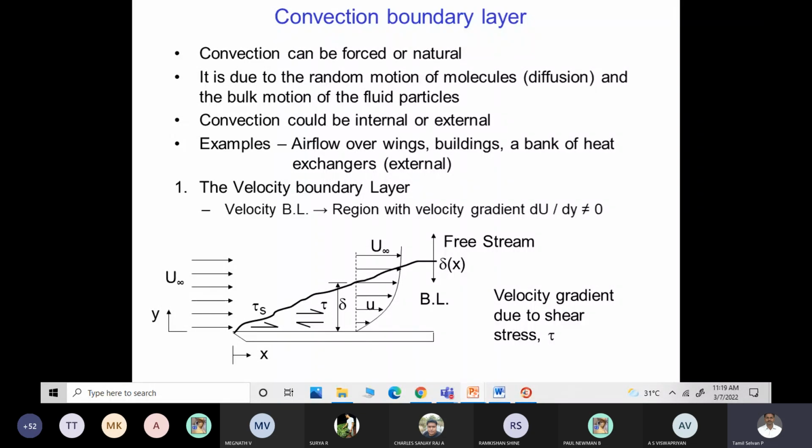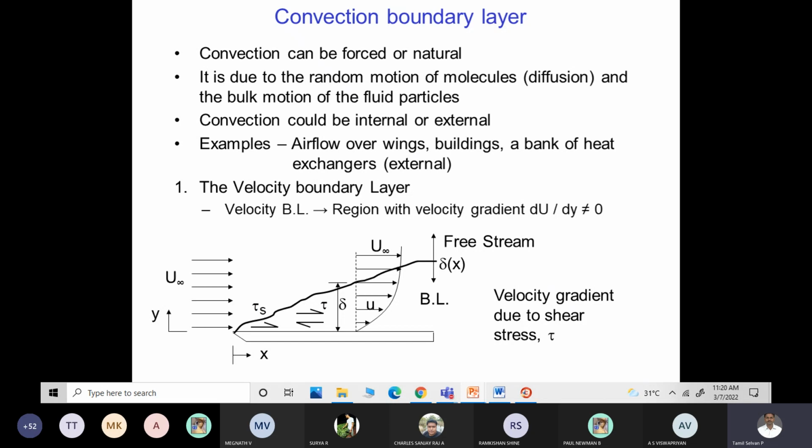And the mass of air we usually calculate as density into volume, m equal to rho into volume. Often we talk about the volume, not the area: volume of the solid, volume inside the aircraft. So density into volume.